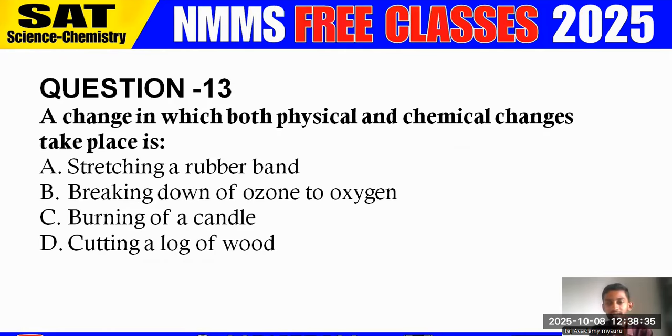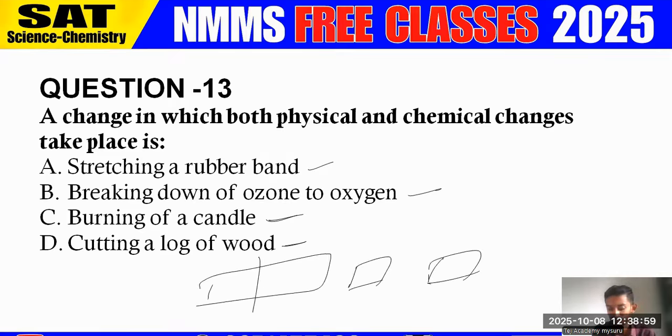Next, we will move on to question number 13. A change in which both physical and chemical changes take place. Here, stretching of a rubber band is only a physical change. Breaking down of ozone to oxygen is a chemical change, as a new substance will be forming. Option D, cutting of a log of wood: if you cut wood into 2 pieces, it is again 2 wooden pieces, so there is no chemical change.